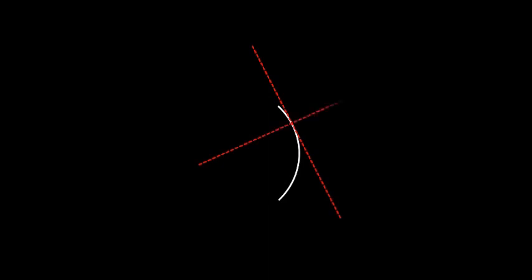Look at this curved surface. Let's say its bulging side is the reflecting surface. Now, draw the tangent and the normal, shown by the red dashed lines. Now look at this curved surface. Its inner side is the reflecting surface.